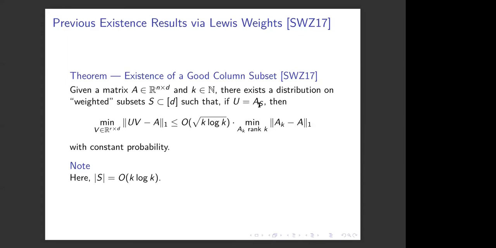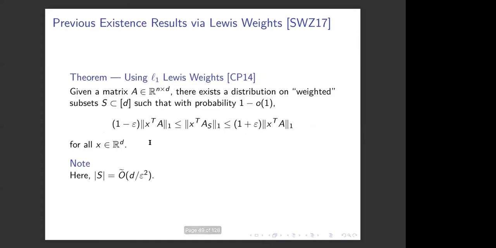Here the size of this subset is O of k log k, because the size of this random subset is d up to log factors, where d is the number of columns.